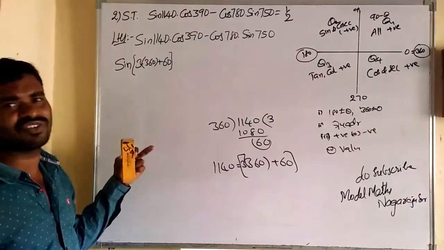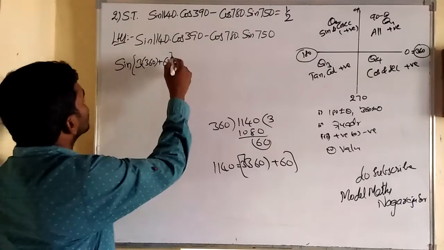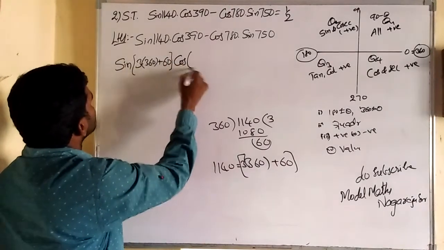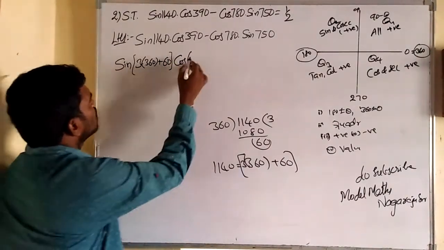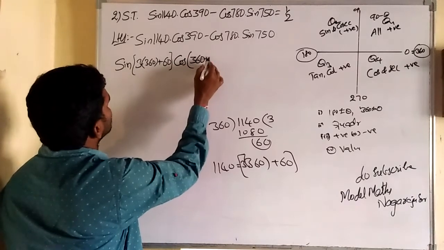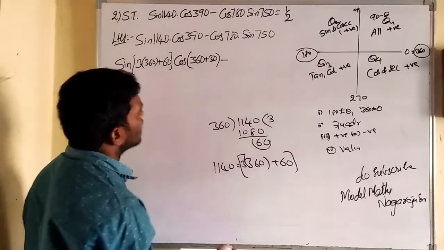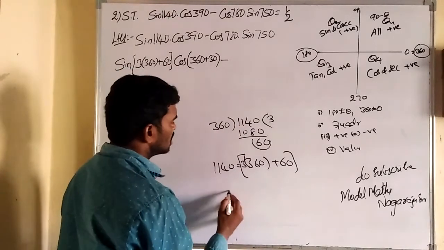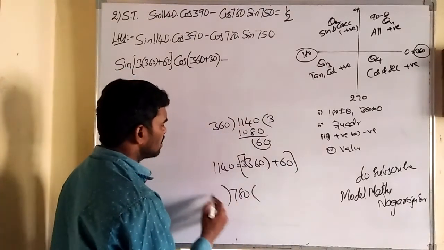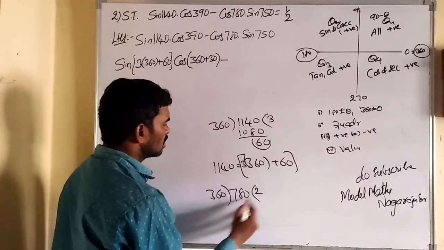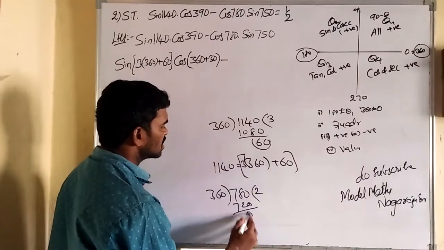The next step is very easy. Next, cos of 390. Simply we can write 360 plus 30. Okay now. Next, minus 780. This is rough work completely. 780 means 2 into 360 is 720, plus 60.